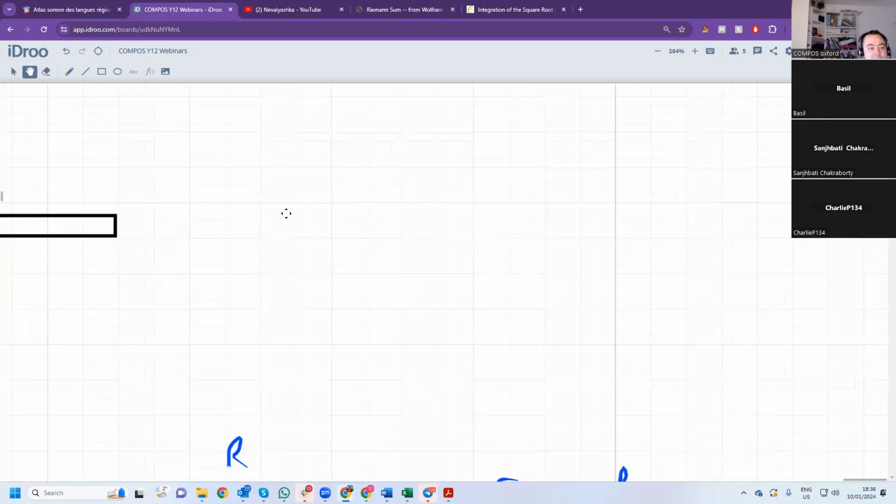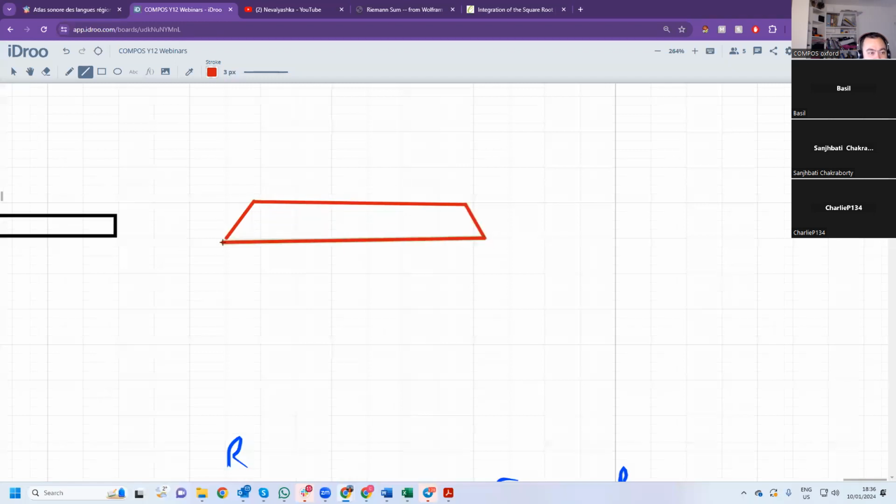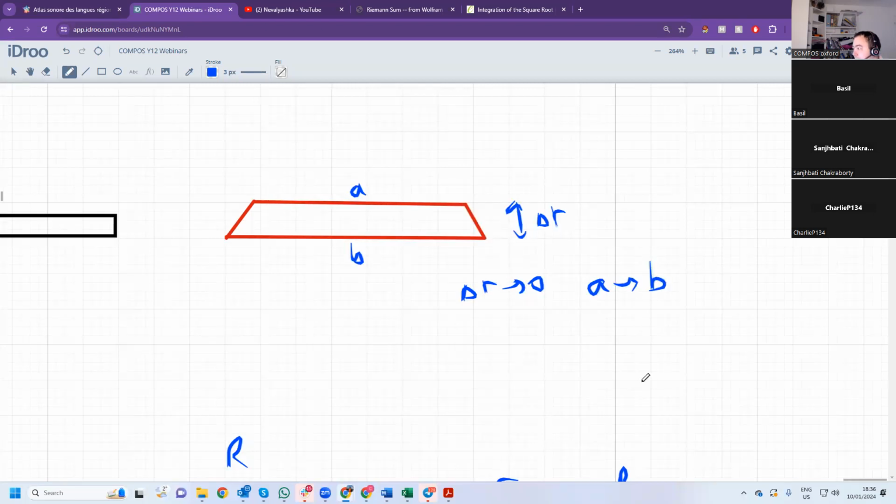If we take a trapezium, where this is A and this is B and this is delta r, as delta r tends to 0, A tends to B and B tends to A. So it doesn't actually become a rectangle, but the area of the trapezium becomes indistinguishable from a rectangle.